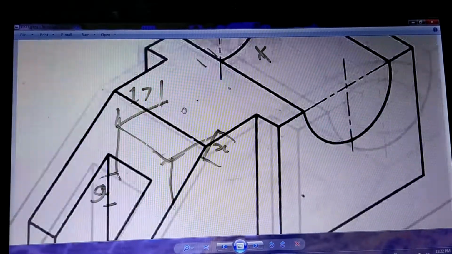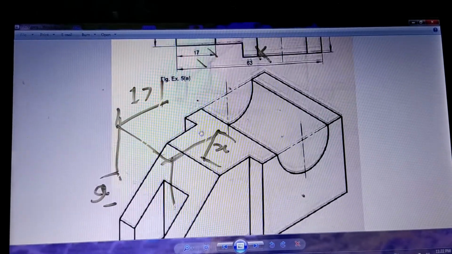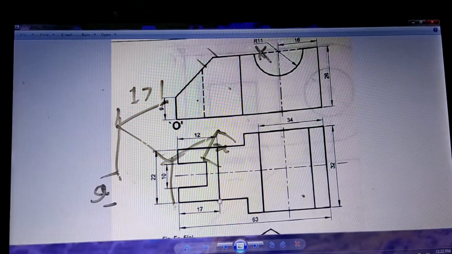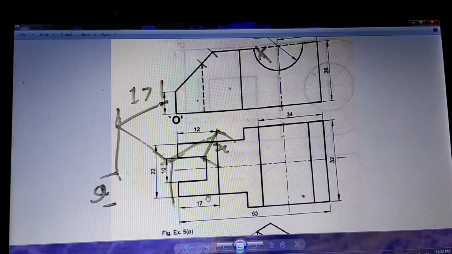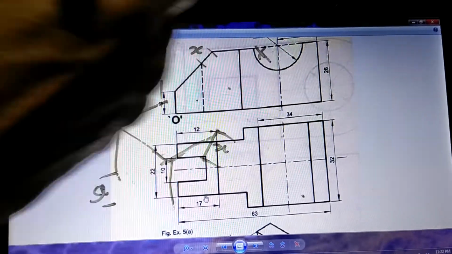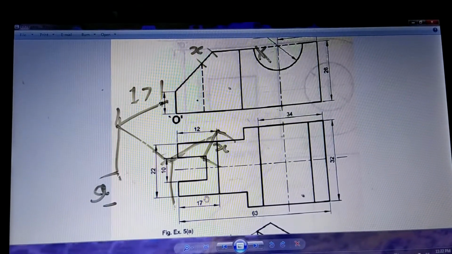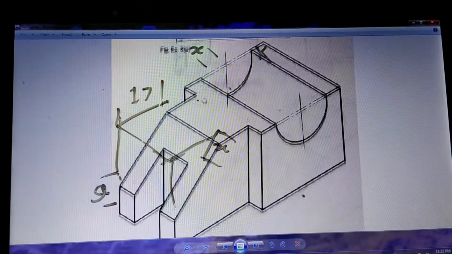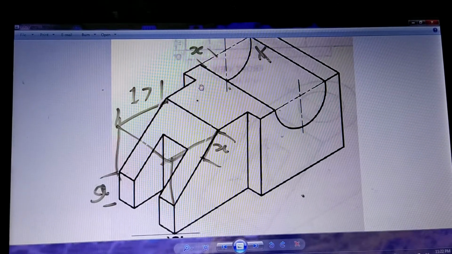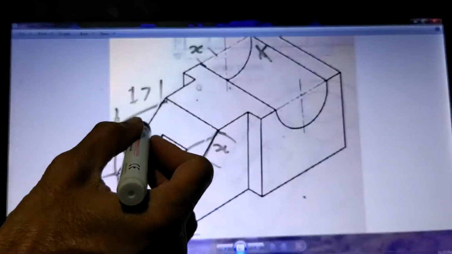Then this x distance is marked. This is the x distance. So this x distance we have marked here like this. And once you mark it, we draw this line.